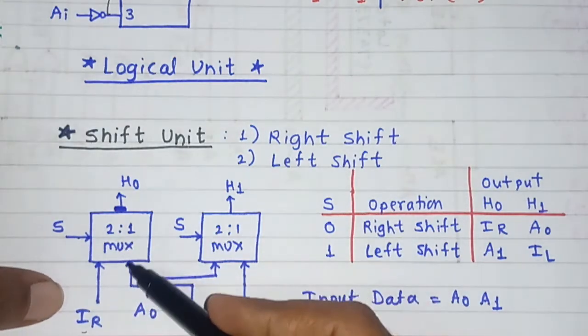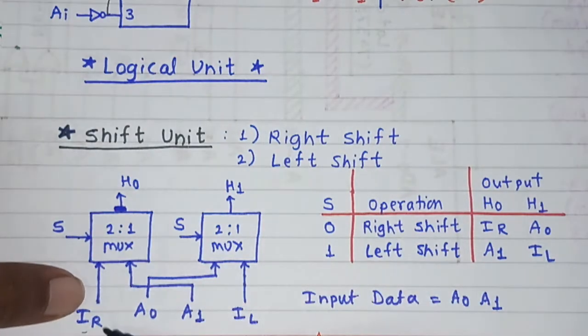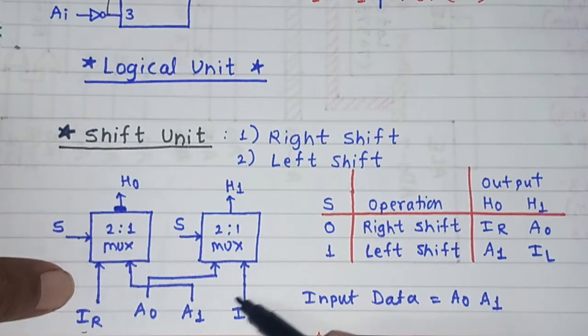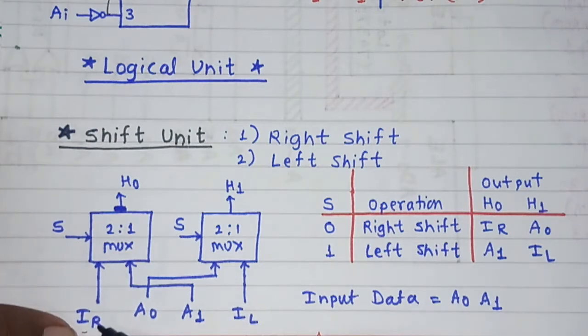The 2:1 multiplexers have the bits which will be inserted for right shifting and the bits which will be inserted for left shifting. So IR will be used to shift the data towards right and IL is used to shift the data towards left side.